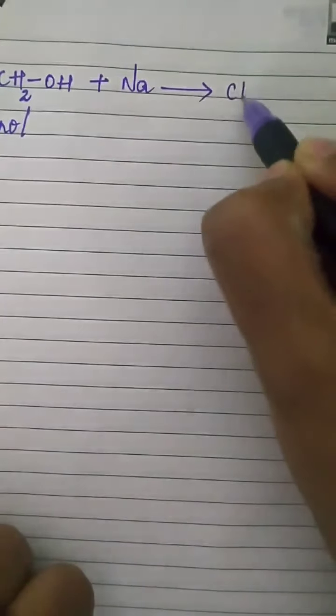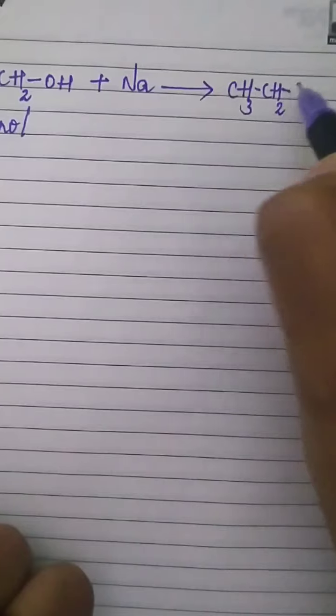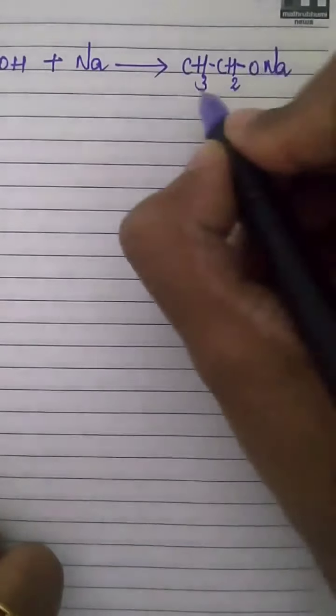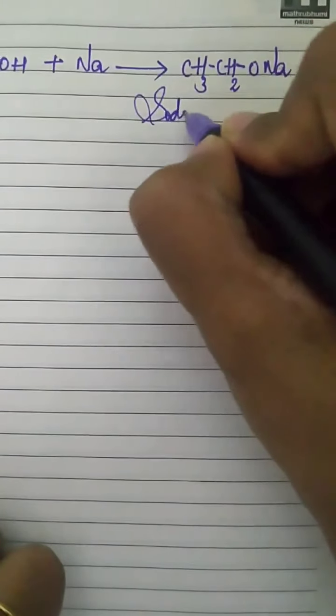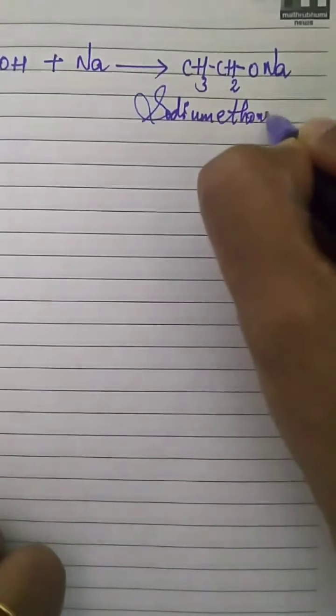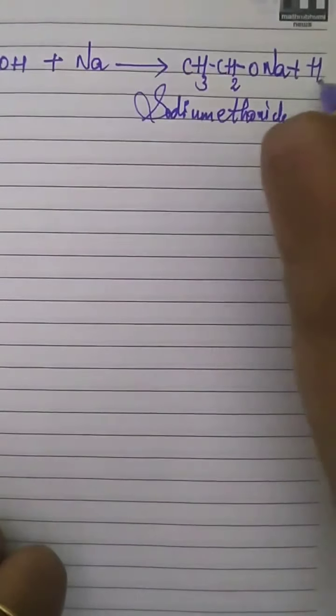CH3CH2OH was there, no? So that O will be there, and in its place you will write ONa. Sodium ethoxide. And hydrogen gas is given out, plus H2. Fine? So this you have to remember.